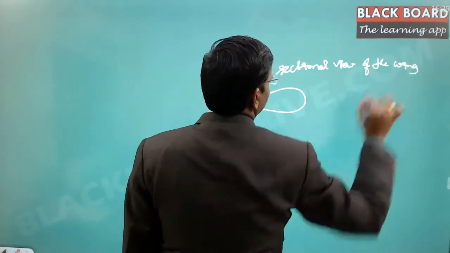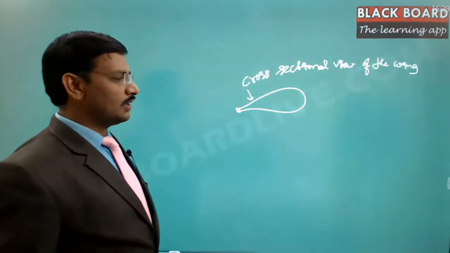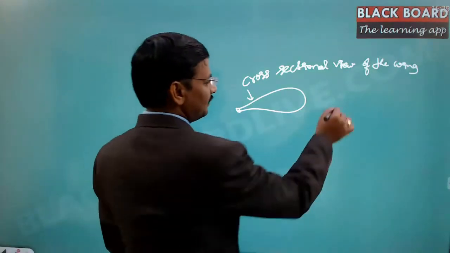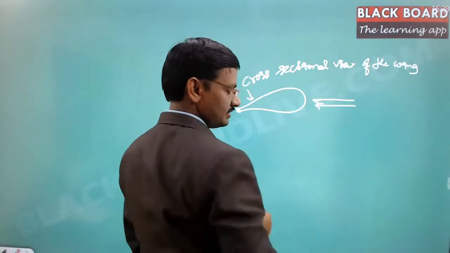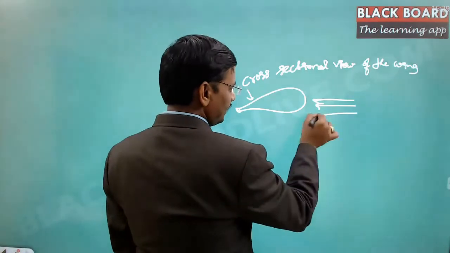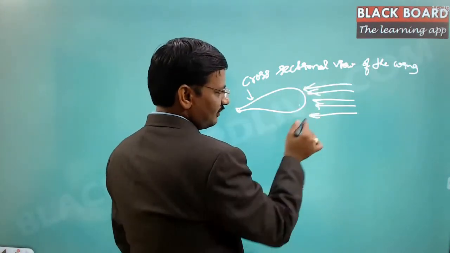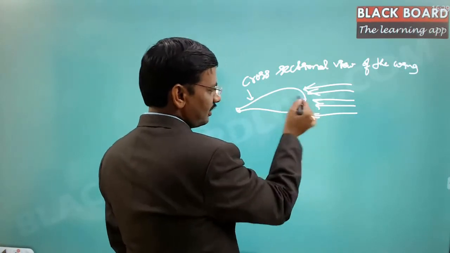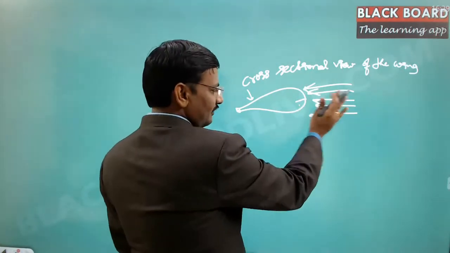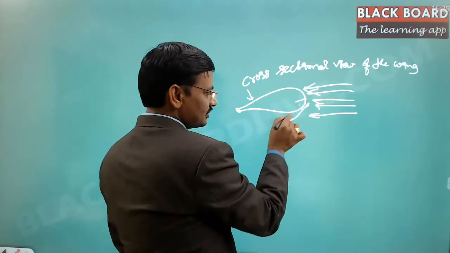Now in this case also, if the air is flowing in this direction, then at the bottom level there is a hurdle for the air. The air will come here and then take a diversion like this.